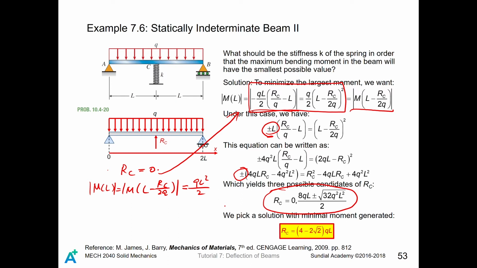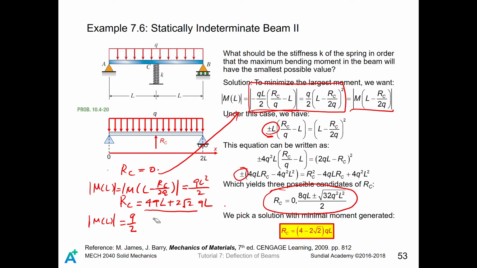Now for RC equals 4QL plus 2 square root 2 QL, then M(L) inside this bracket will become Q divided by 2 times (L minus RC), which is 4QL plus 2 square root 2 QL.